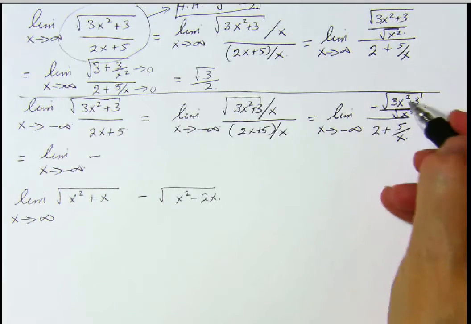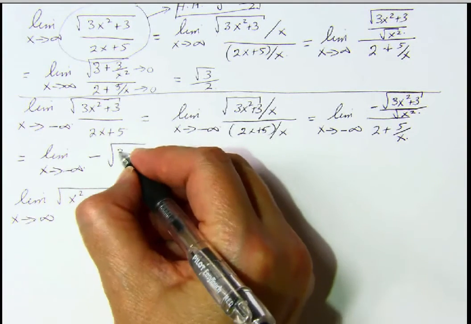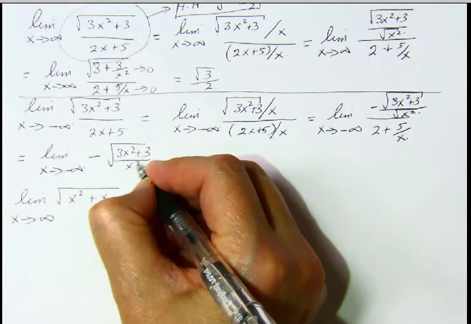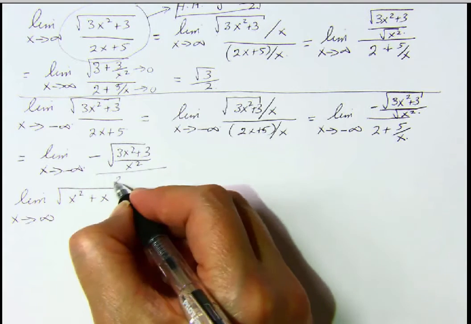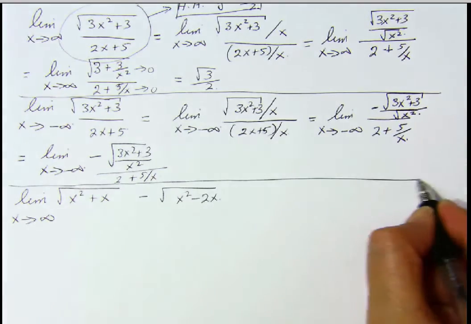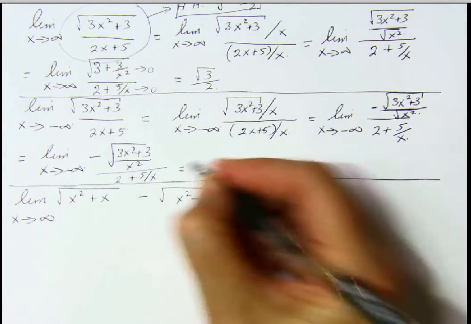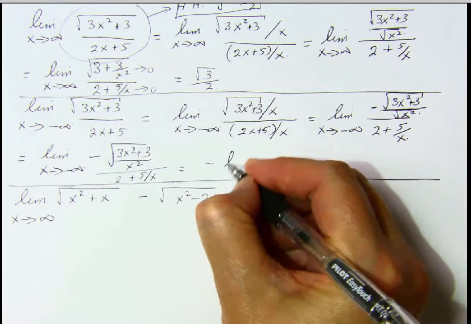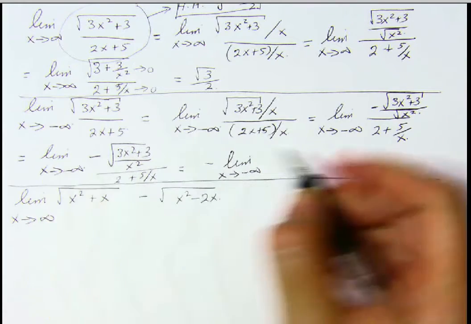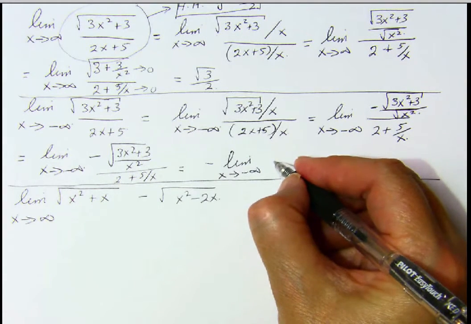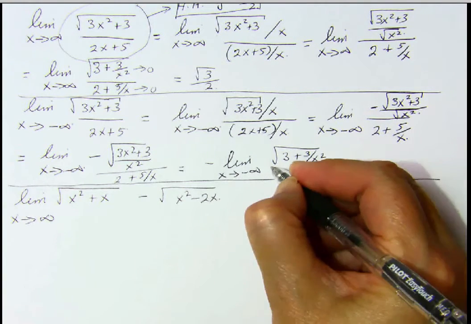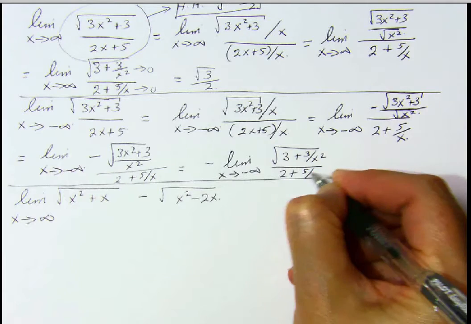Now amalgamating the square root, it's negative the square root of 3x squared plus 3 over x squared, all over 2 plus 5 over x. And this is equal to minus the limit as x approaches negative infinity, that's pulling that minus out to the front, of the square root of 3 plus 3 over x squared, all over 2 plus 5 over x.